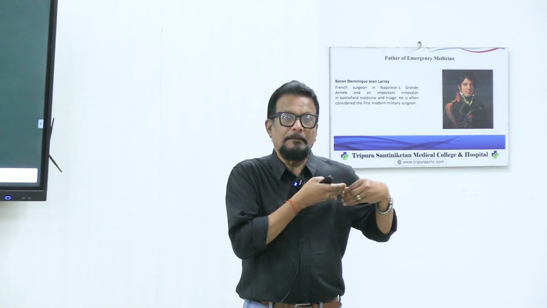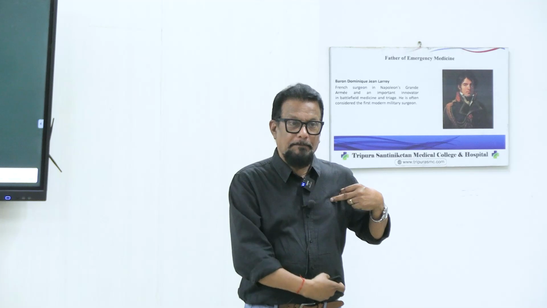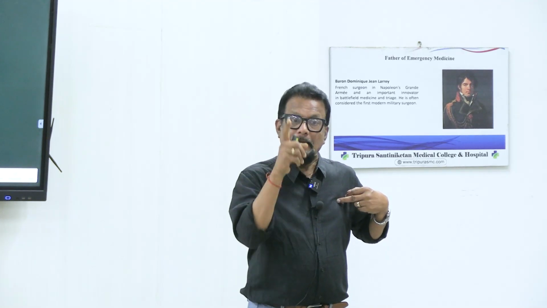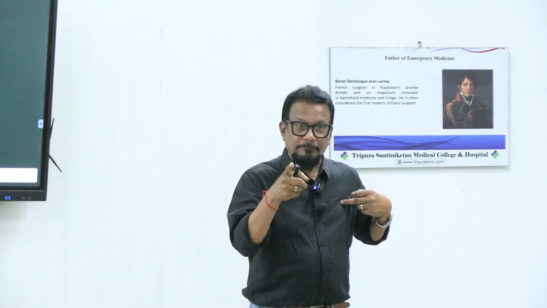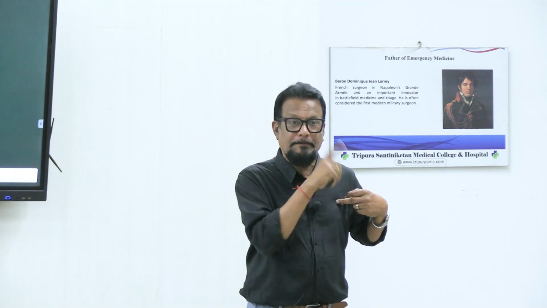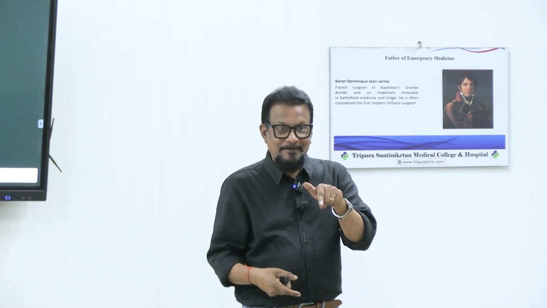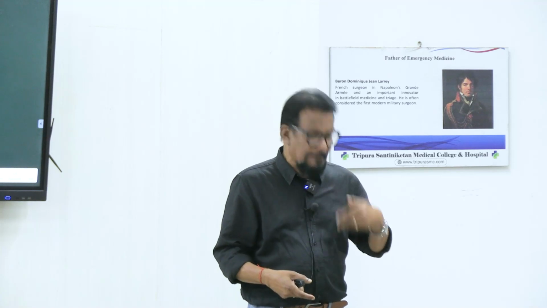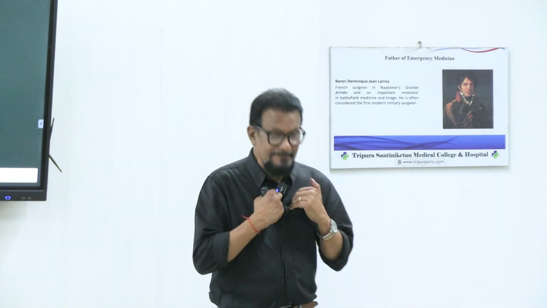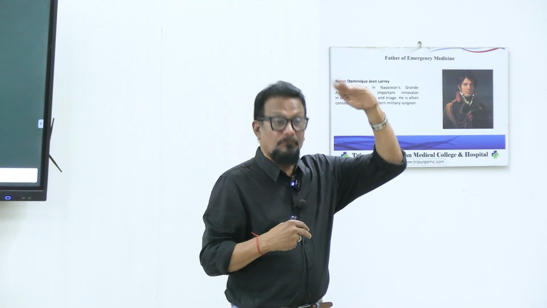Suppose at this level, systolic mean pressure is 120, and I am measuring the blood pressure at 10 centimeters below. So 10 centimeters into 0.77 is 7.7. Now you add 120 plus 7.7. What will be the result? 127.7 millimeter of mercury will be the pressure here. So as you come down, the pressure will be rising. As you go up, at the same rate, blood pressure will fall.